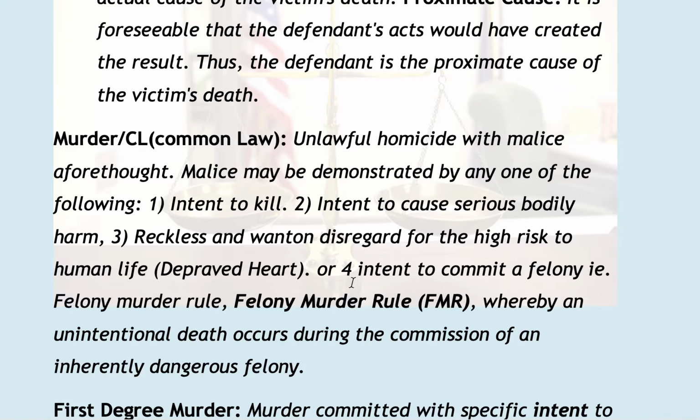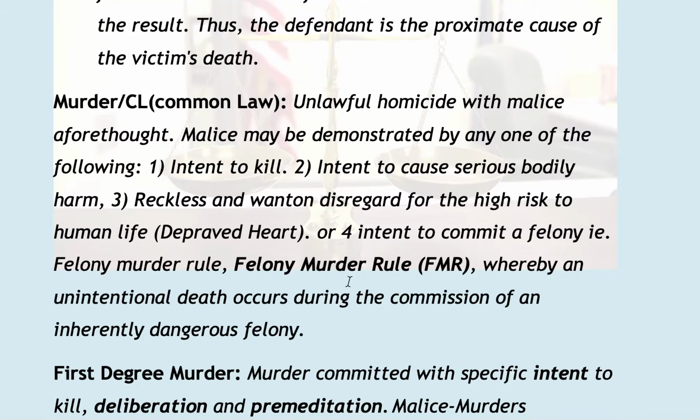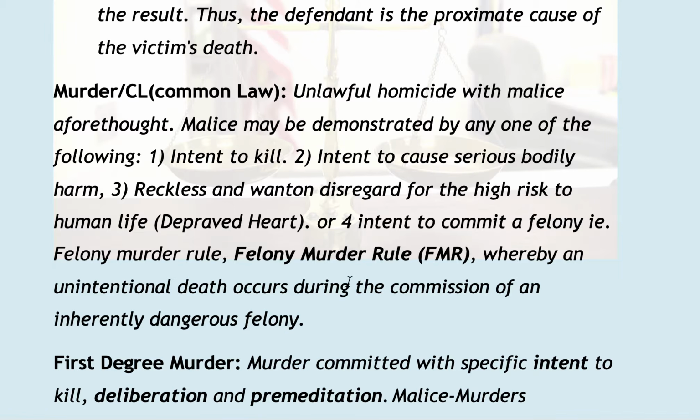Murder at common law: unlawful homicide with malice aforethought. Malice may be demonstrated by any one of the following: intent to kill, intent to cause serious bodily harm, reckless and wanton disregard for the high risk to human life (depraved heart), or intent to commit a felony, the felony murder rule, whereby an unintentional death occurs during the commission of an inherently dangerous felony.